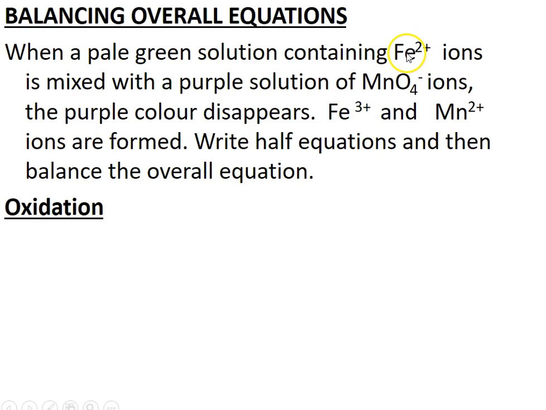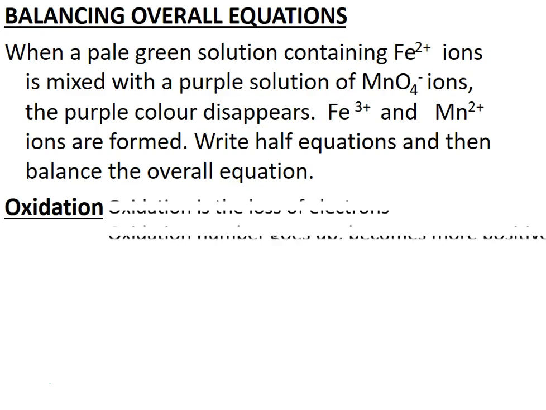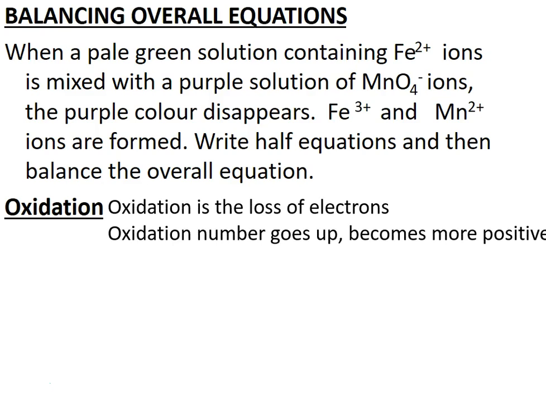So the iron has gone from Fe2+ to Fe3+. So it's gone from 2+, iron become more positive, to 3+. It's become more positive. It's lost negative electrons. So it's undergone reduction. No, sorry, oxidation. Oxidation is the loss. So the oxidation is the iron, and that's the easiest one to work out.